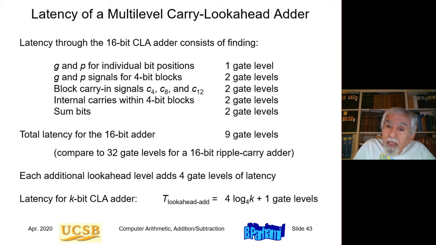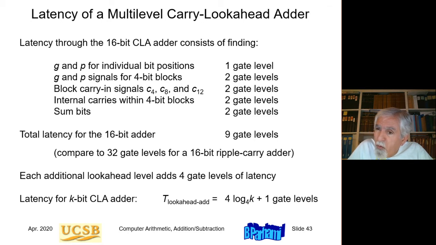So if I have a 16-bit carry-lookahead adder, here is an estimate of the latency for that 16-bit adder. I need one gate level to compute P and G at the beginning, and 2 gate levels at the end for sum bits. These are common for all adders, as I said before. So you always start by forming the G and P signals, and you always end by forming the sum bits.